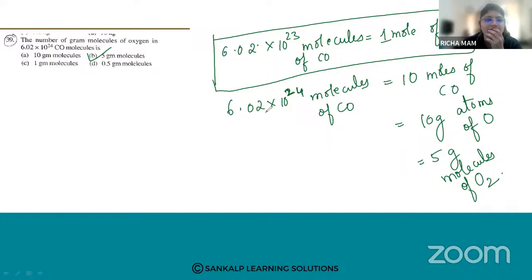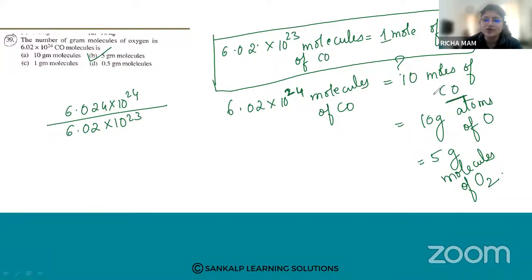So for 6.02 into 10 raised to 24 molecules, how much is it? If I do cross multiplication, 6.02 into 10 raised to 24 divided by 6.02 into 10 raised to 23. So what will happen? It will be 10 raised to 1, that is 10.